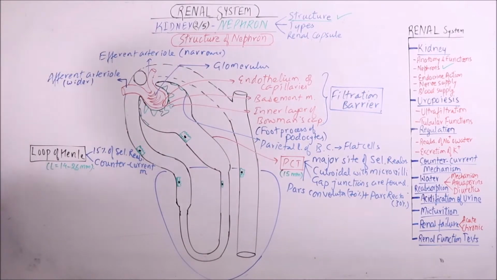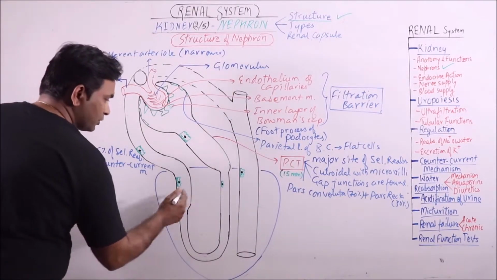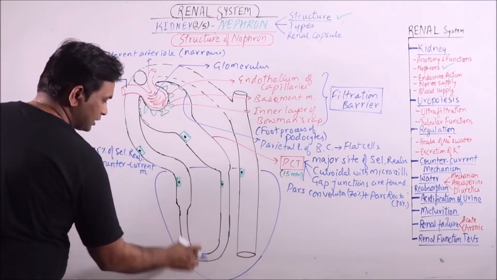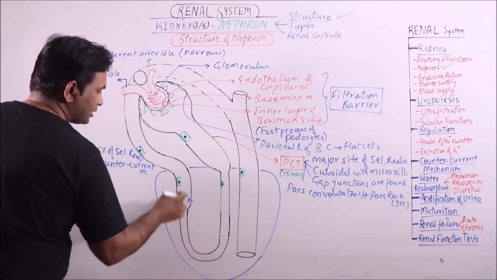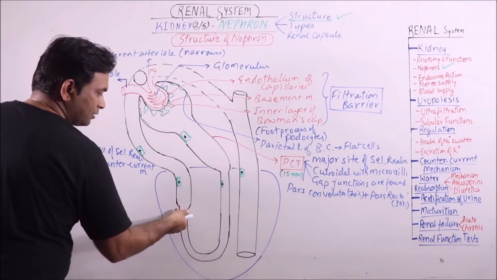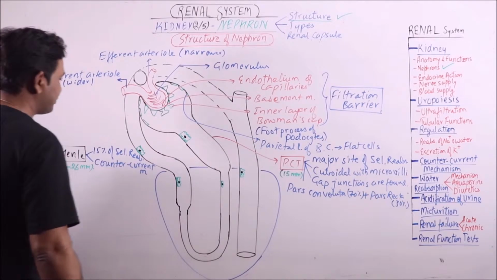It depends upon the type of nephron, whether the nephron is cortical or juxtamedullary. Then this is descending limb of loop of Henle. This is ascending limb, descending, ascending. And this is the thin segment of loop of Henle, and this is the thick segment.